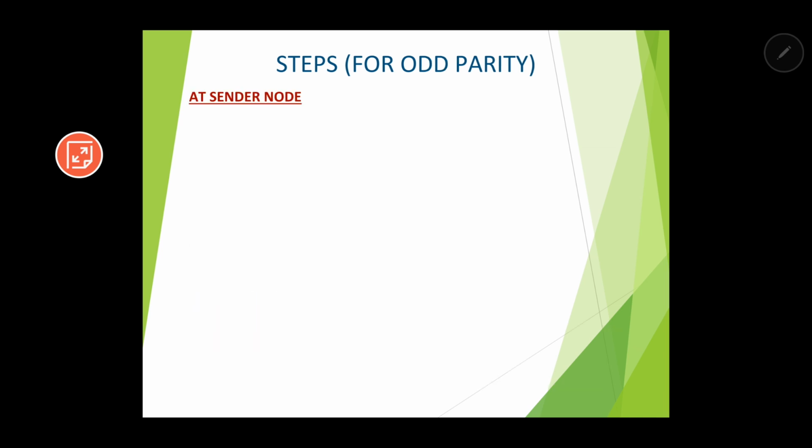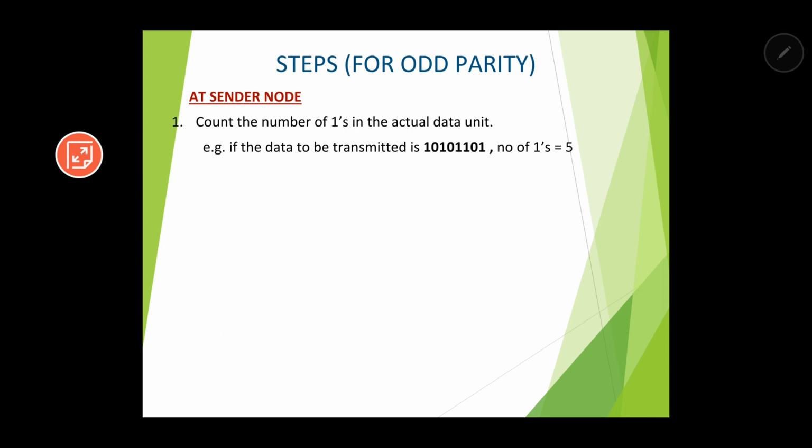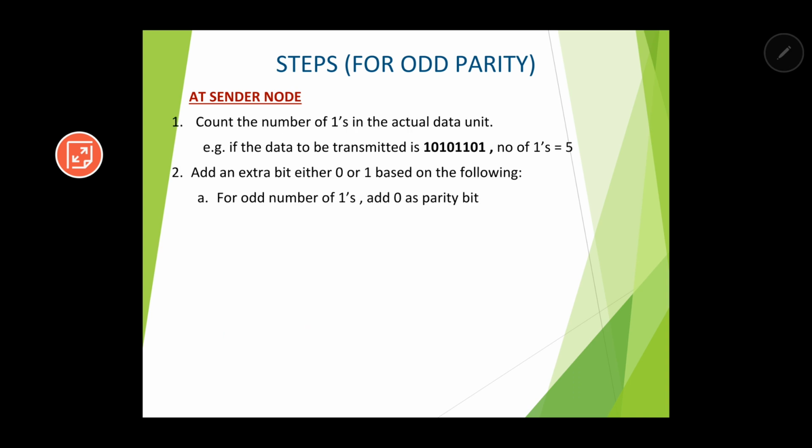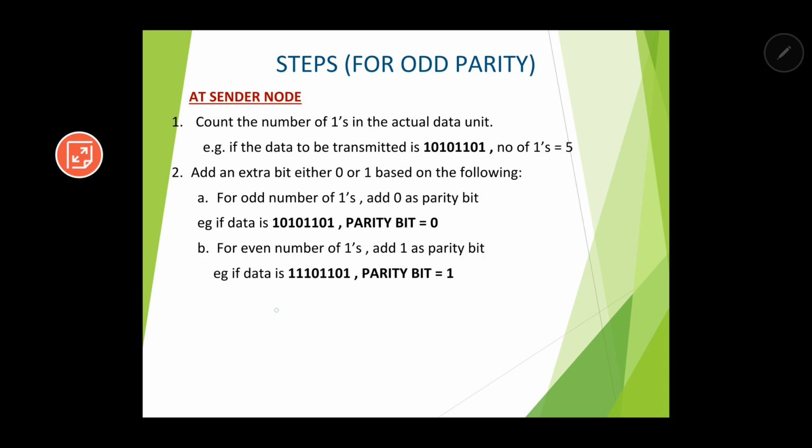So if we use odd parity, the steps will be the same, only the thing which will change is here. For odd parity, our aim will be to send the data with an odd number of ones. So here if we have an odd number of ones, we will add 0 as the parity bit, and if we have an even number of ones, we will add 1 as the parity bit.